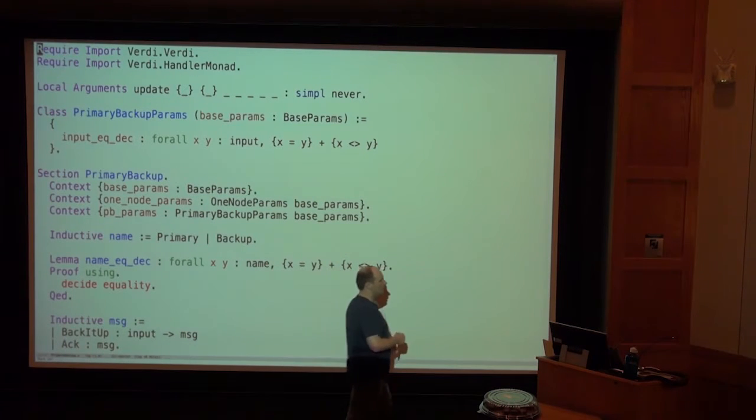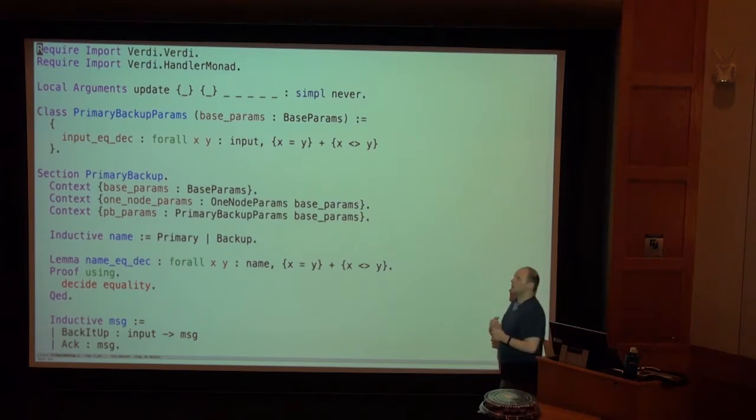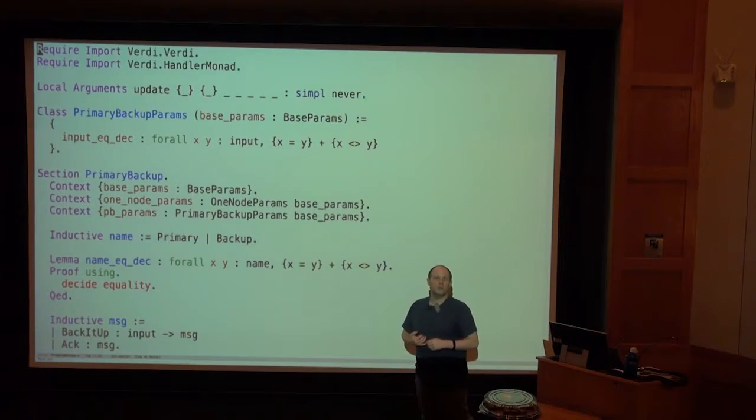So I can build a primary backup system. So I'm going to have 2 copies of the key value store, and it's going to be like the counter system where the primary is only going to respond to clients when it knows that things have been replicated to the backup, right? Except instead of just being a nat, we're going to be able to do this for any kind of system, right? Including our key value store.